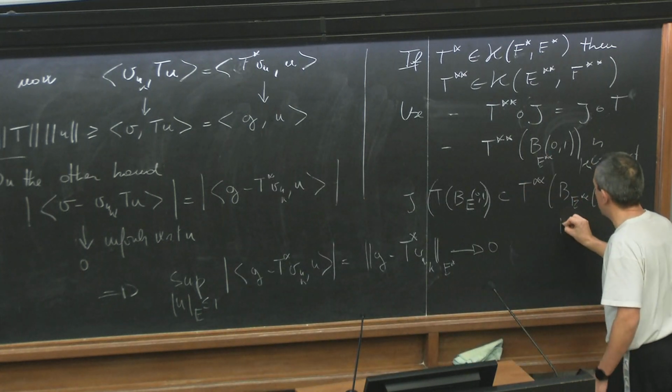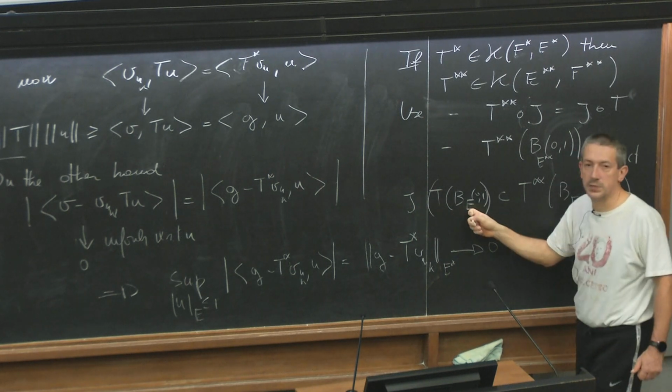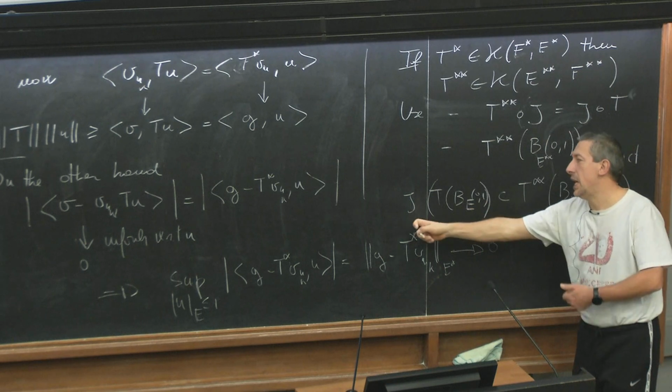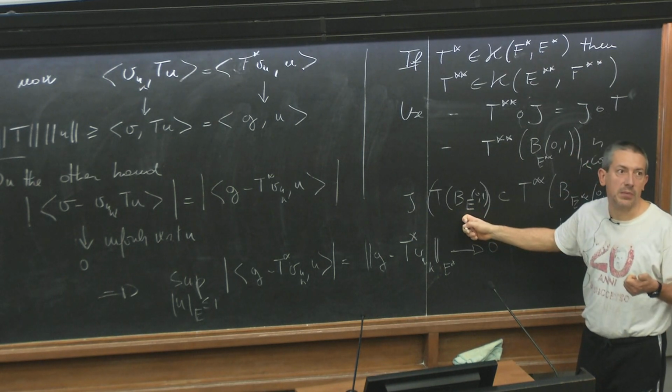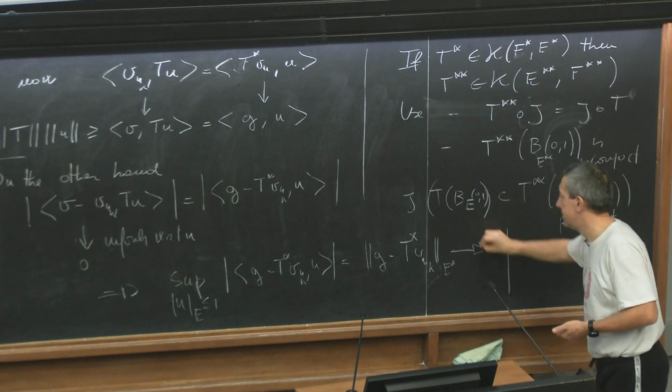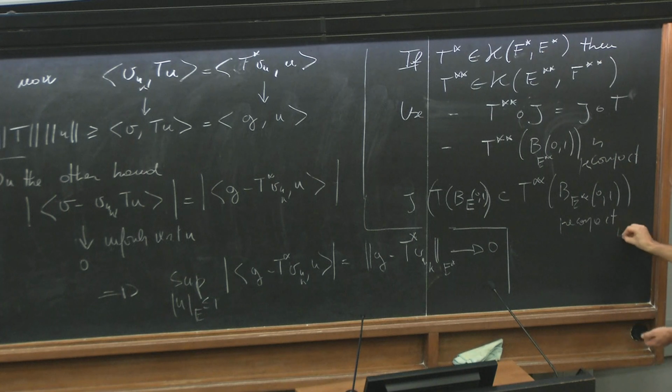And then this one is precompact. So we deduce that this closure is precompact, and J being an isometry, we get that this is compact. There are some computations.